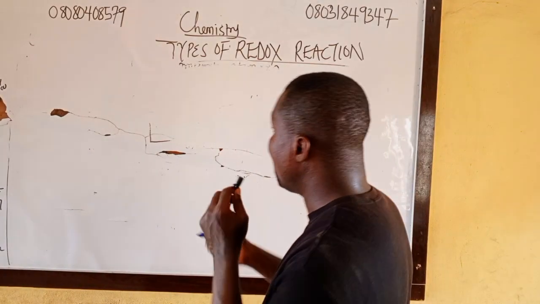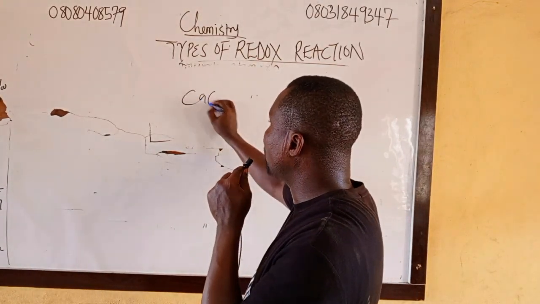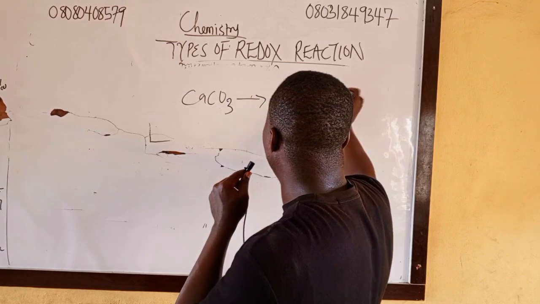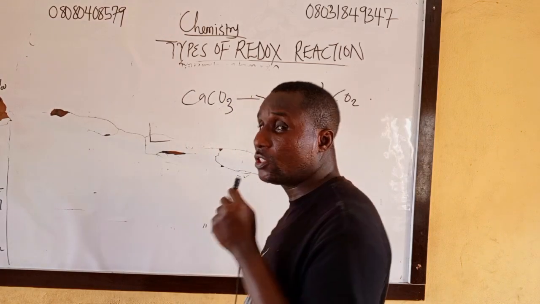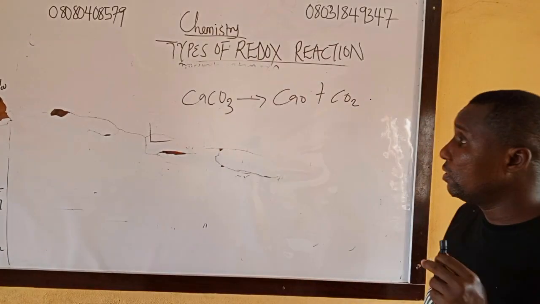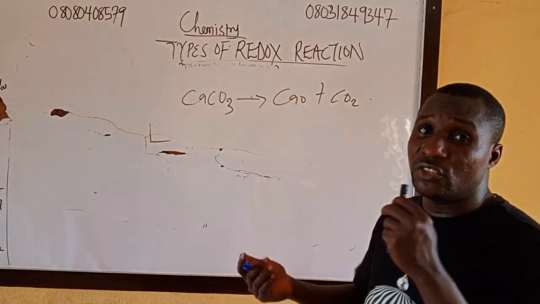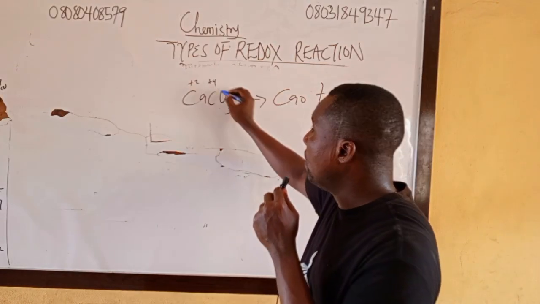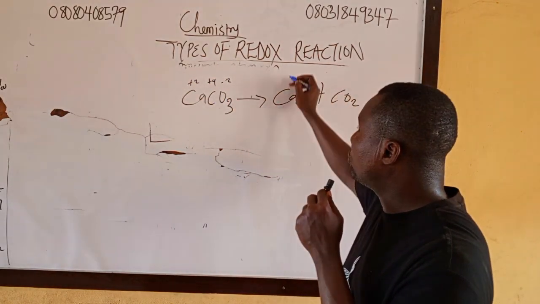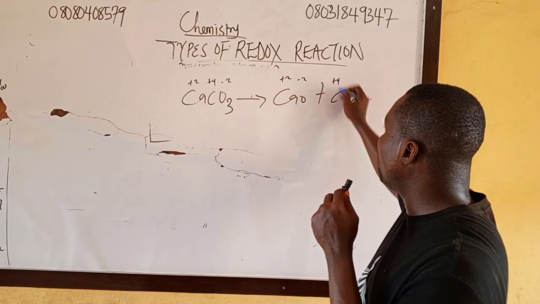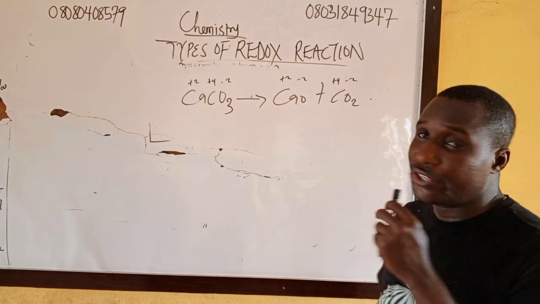For example, calcium carbonate decomposing to calcium oxide plus CO2 is not a redox reaction because there is no change in the oxidation state. Calcium is plus 2, carbon is plus 4, oxygen is minus 2, on both sides. There's no change.